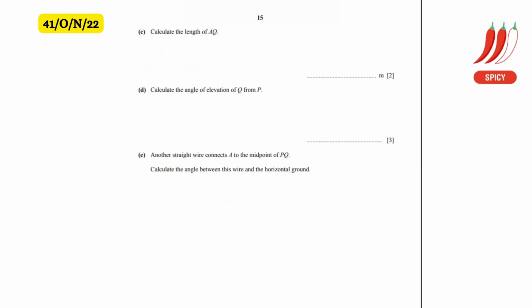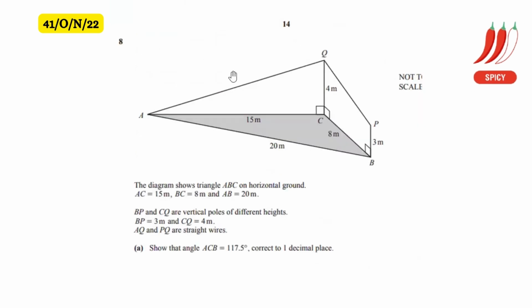Then part C says calculate the length of AQ. The length of AQ is this diagonal over here. And we have this right angle triangle where we have the base, we have the height, so we can easily find the diagonal by using Pythagoras.